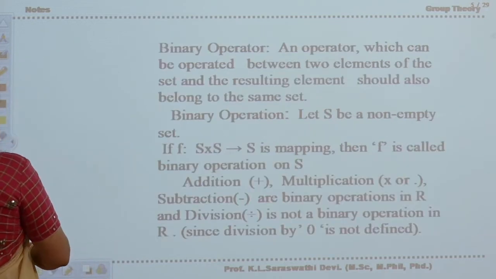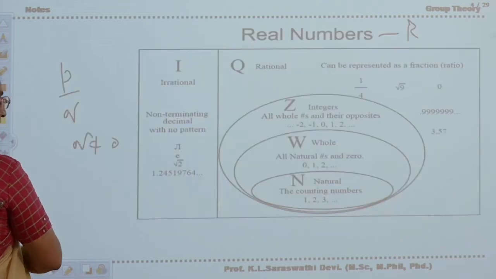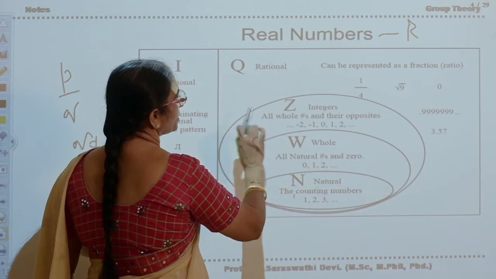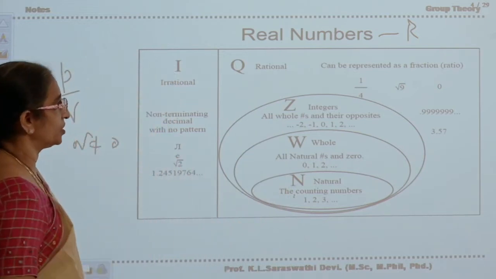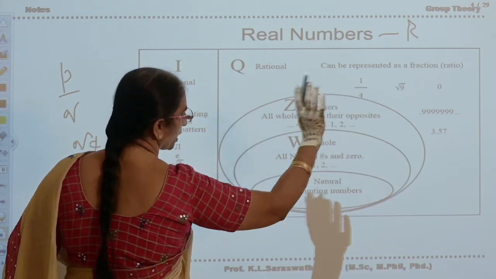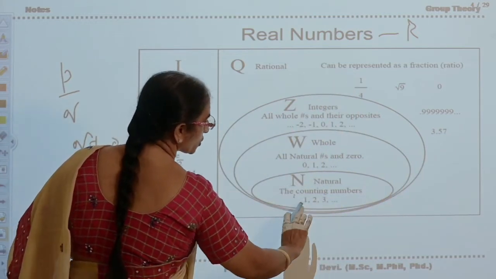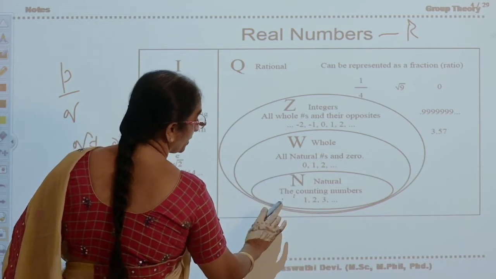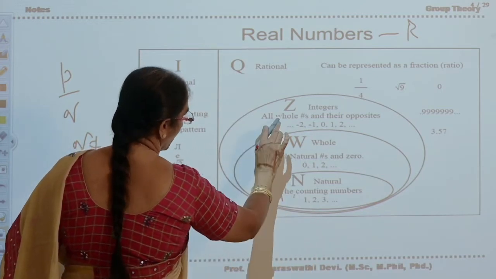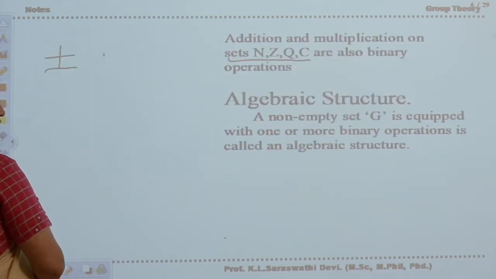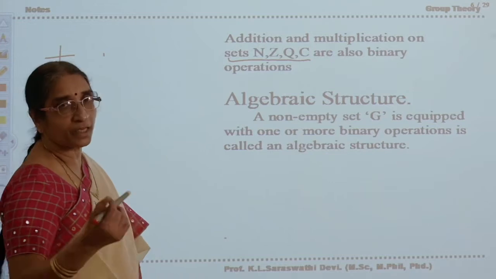See here, this is the set of natural numbers and this is the set of integers: minus 2, minus 1, 0, 1, 2 and so on. Plus and dot are both binary operations on this set and on this set also. Now Q means the set of rational numbers.